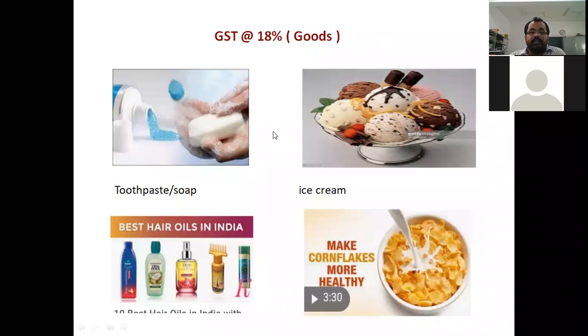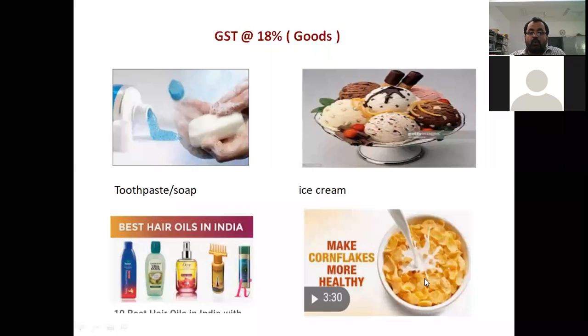Now let us move on to the next. GST at 18% in connection with goods. Here, toothpaste, soaps, ice cream, hair oils, packed hair oils, then packed food items.